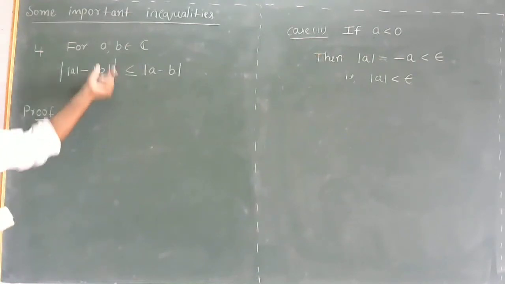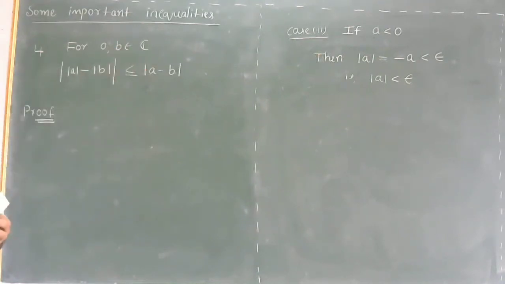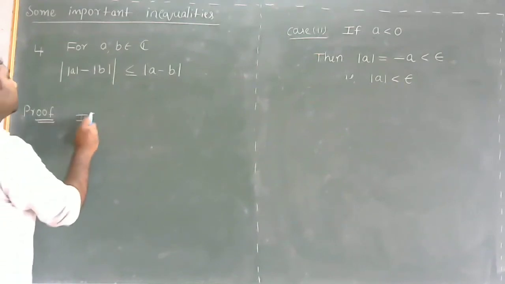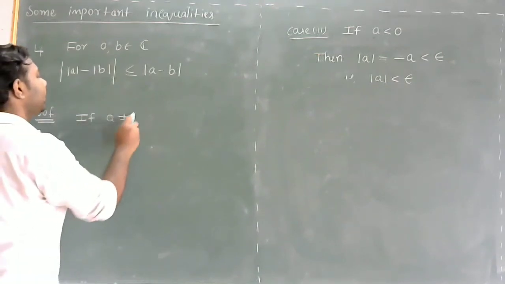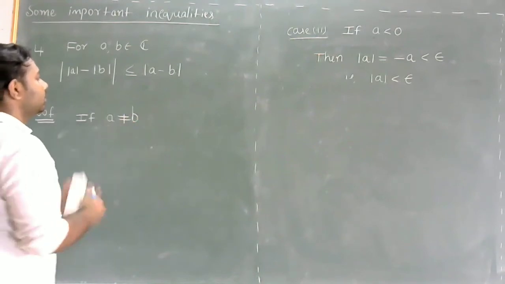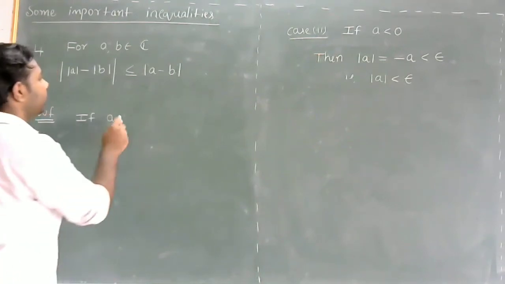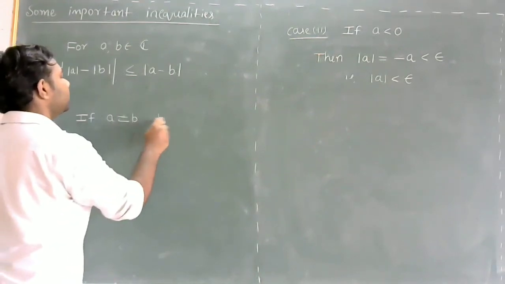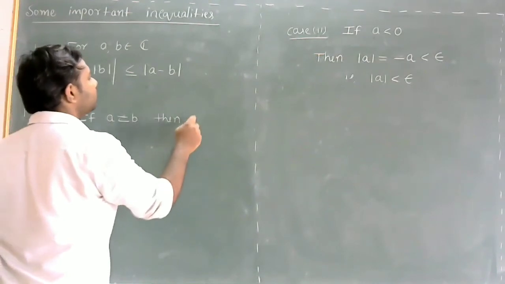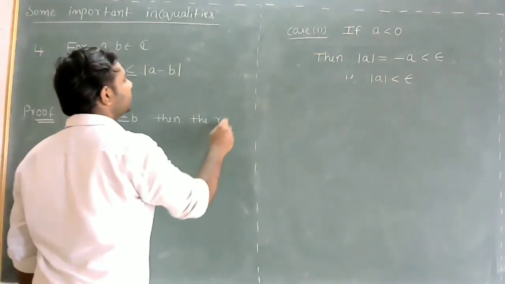Now we have to prove this result for any pair of complex numbers. If at all a is equal to b, then the result is trivial.